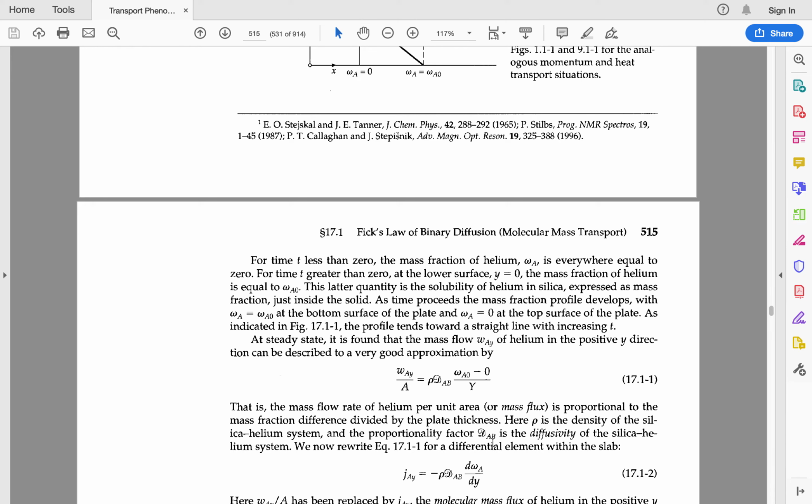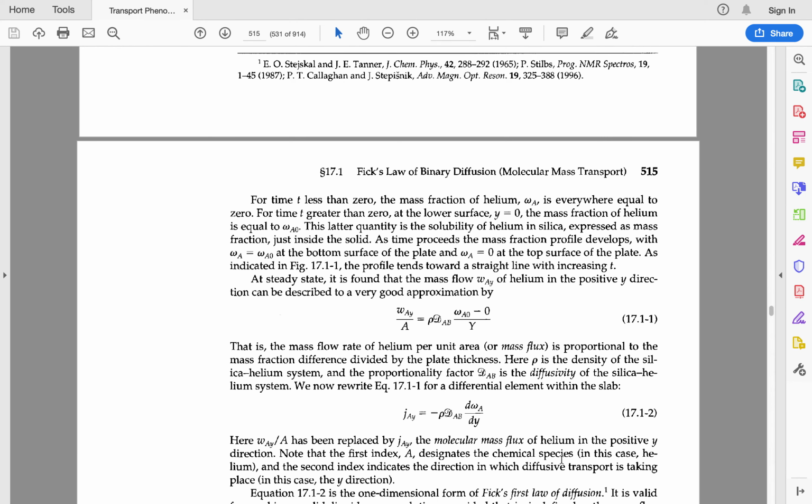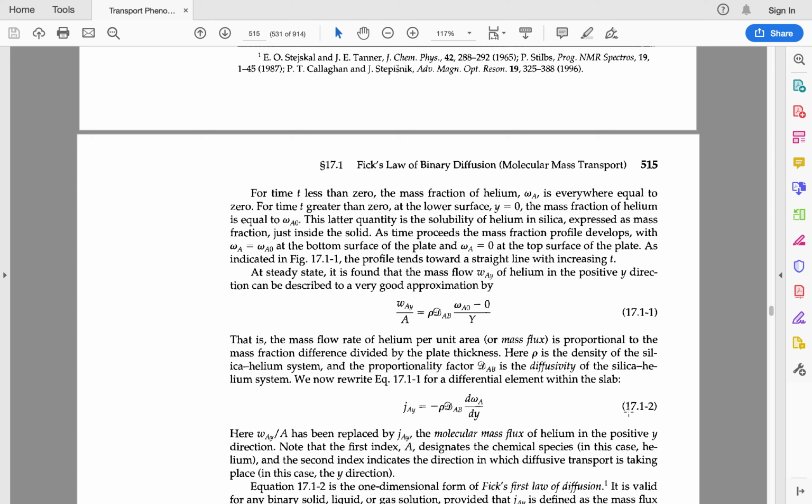Now we can rewrite this for a differential element within the slab, in equation 17.1-2, which gives JA, the mass flux in the Y direction, equal to minus rho DAB times the differential d omega A over dy.